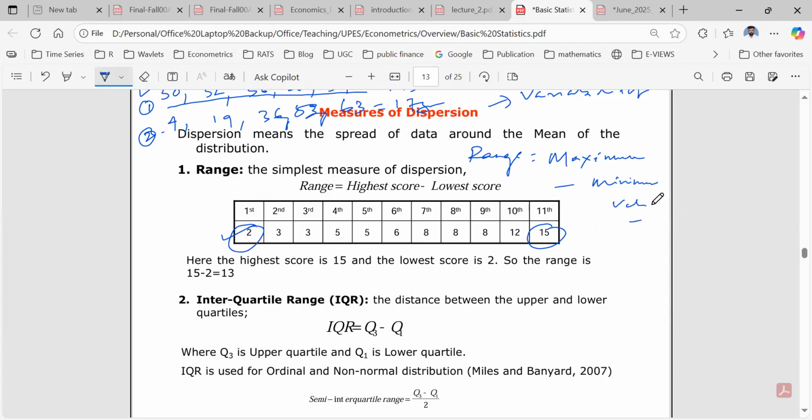Range is the easiest method to understand and easy to calculate, but it is not actually used because it has many disadvantages. Then we'll go to the interquartile range.